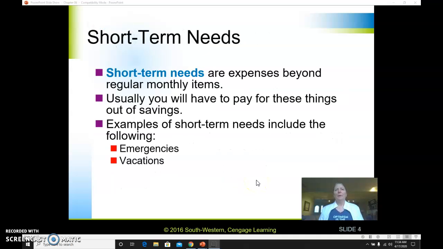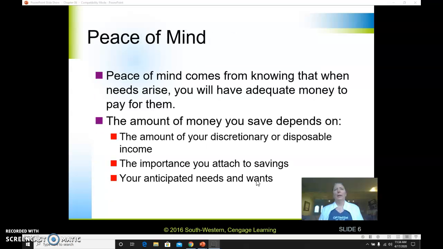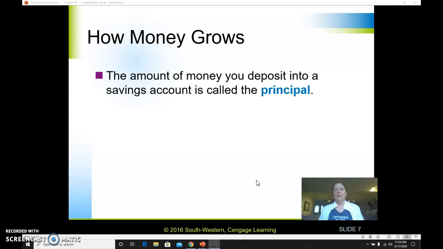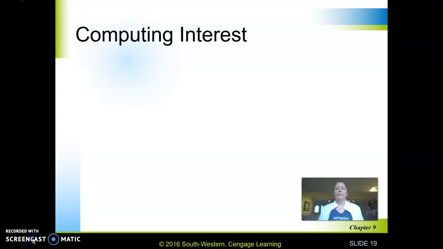So with that said, I want to start by talking about growing our money. So let's flip real quick to chapter 9, where we will talk about computing interest, because that is one of the easiest ways to try to grow our money.